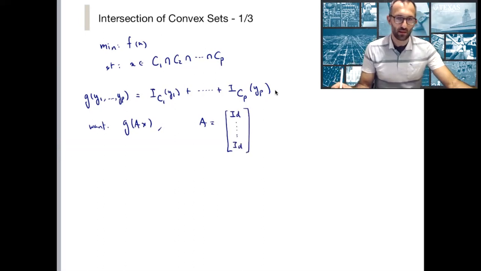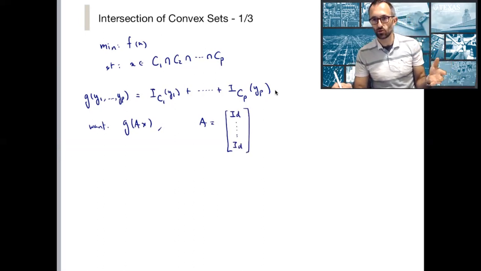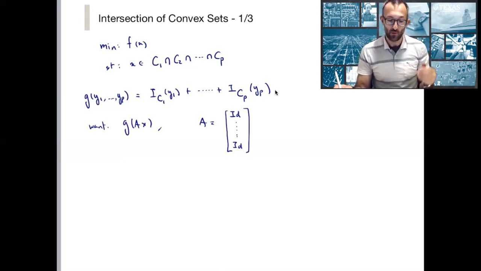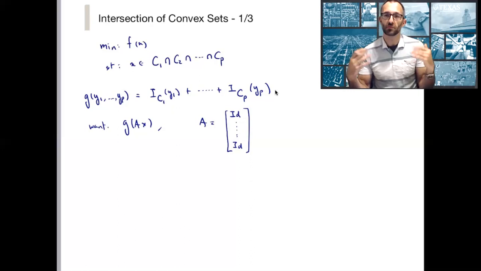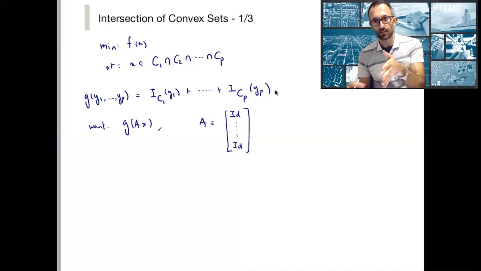So this is A. So recall, how do I get the dual again? I have f of x subject to this constraint. I can write this as minimize f of x plus g of Ax. And then if we wanted to derive the dual from scratch for this particular example, you would write down y1 is equal to identity times x, y2 is identity times x, etc. And then dualize those equality constraints, and then you get the dual.